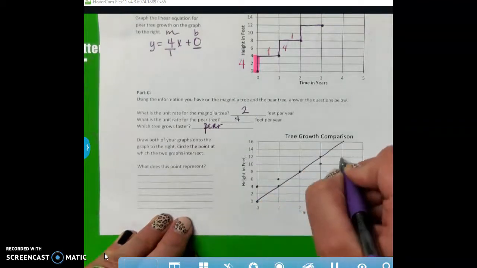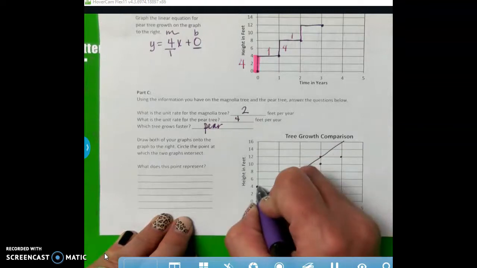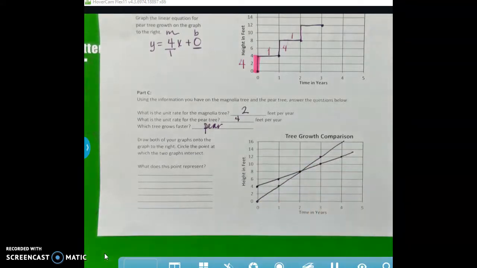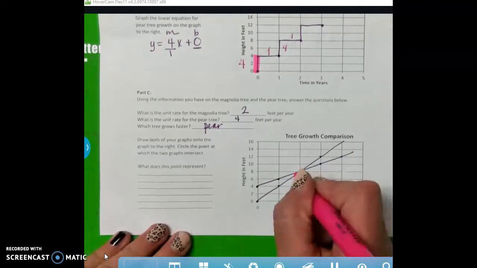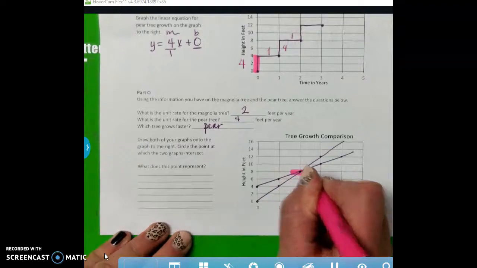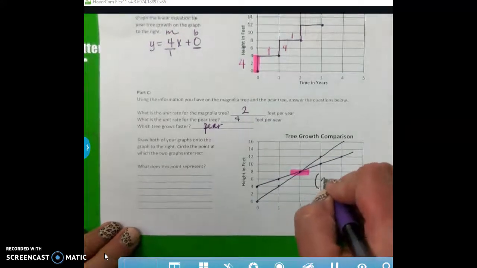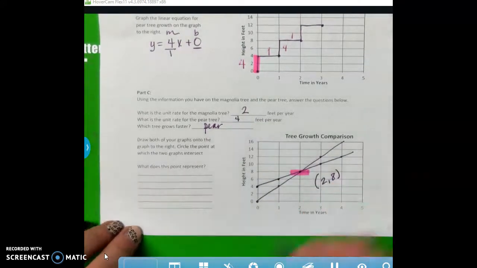All I'm doing, my friends, is copying these two graphs onto the same grid. And voila, that's exactly what we've been discussing the last few days. These two linear graphs have intersected at this location right here. The value of this coordinate point is 2 and 8. What does this really mean? Yes, we talked about it: it's one solution.